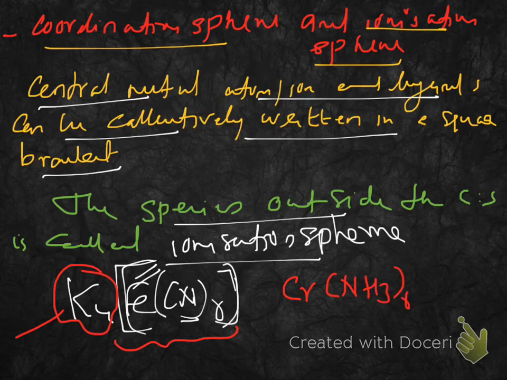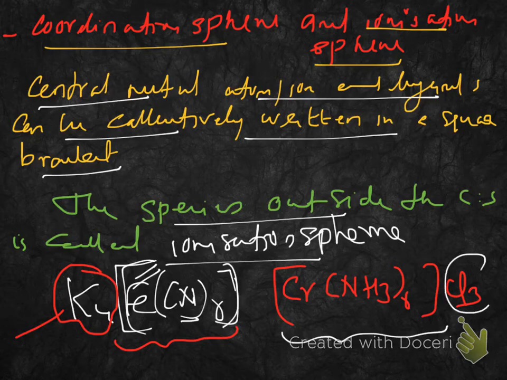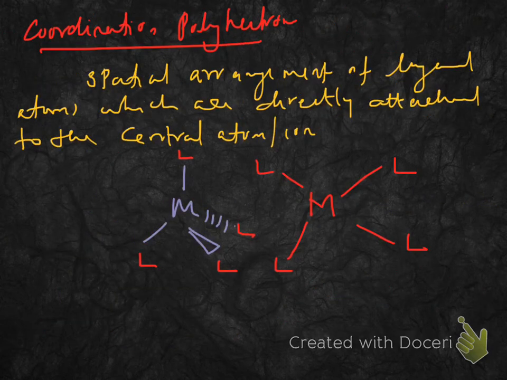[Cr(NH3)6]Cl3. Here the square bracket containing chromium and the ligand ammonia is called the coordination sphere, and Cl3 or 3Cl minus is the counter ion or ionization sphere. What is ionization sphere? That is the ion produced through the ionization of the complex in aqueous solution.